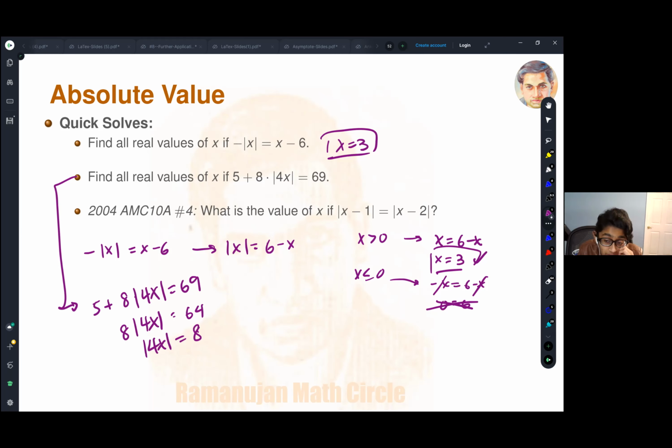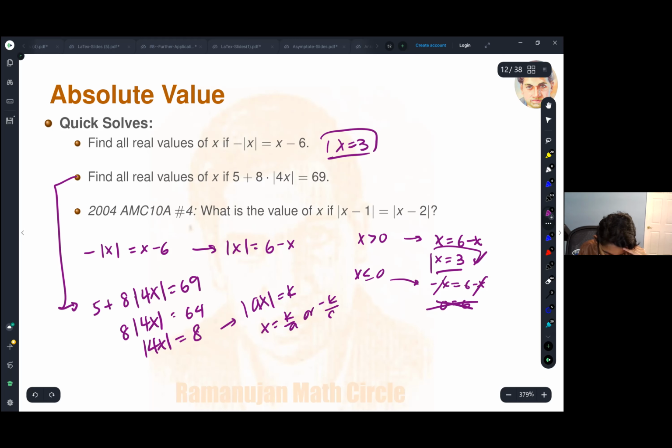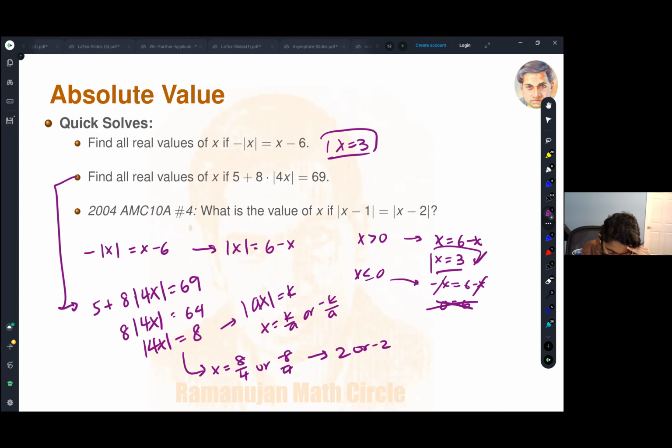And now we have to work around this. So recall that we said that absolute value of ax is equal to k would give us that x is equal to k over a or negative k over a. And so what we can do right now is use the same idea, because all this would mean is that x is equal to either 8 over 4 or negative 8 over 4, which means that it's either 2 or negative 2. So now we just get that x is equal to plus minus 2.